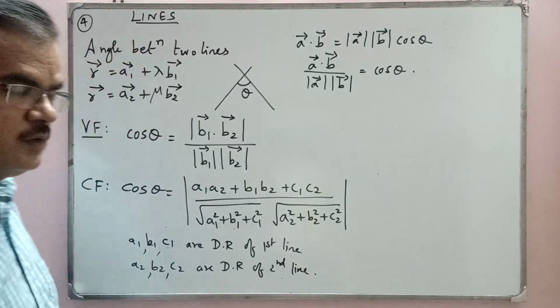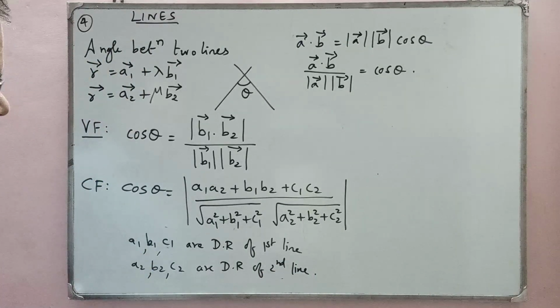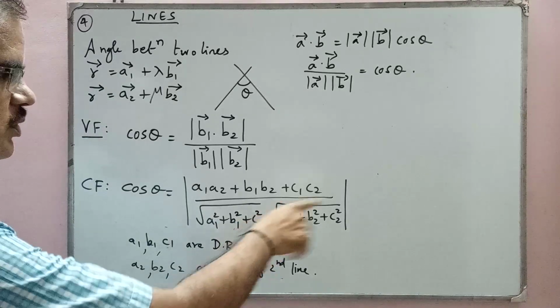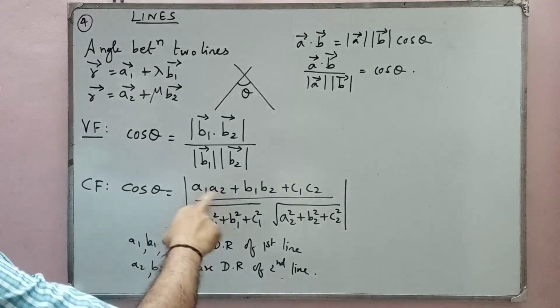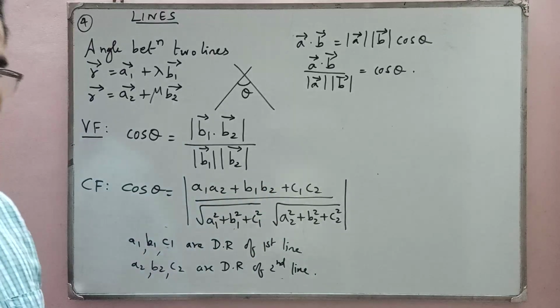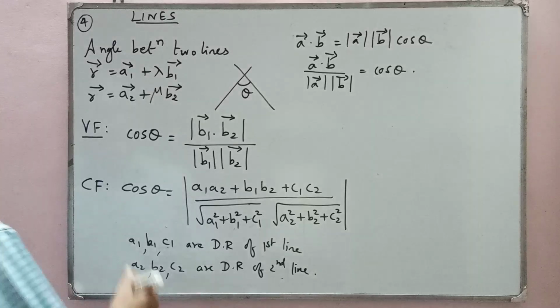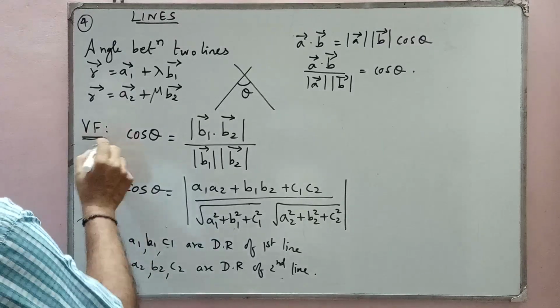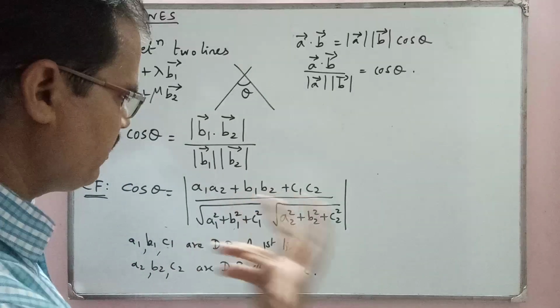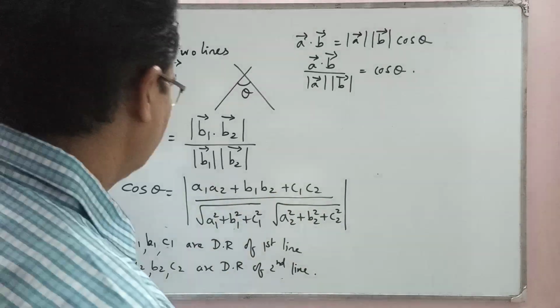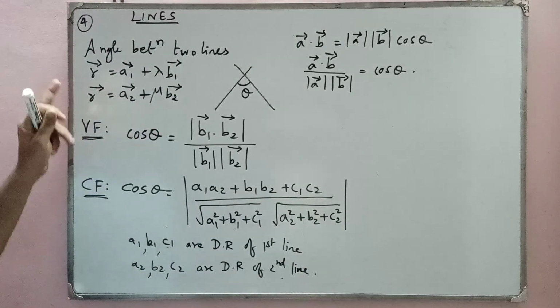Okay, a1 a2 plus b1 b2 plus c1 c2 divided by root of a1 square plus b1 square plus c1 square, root of a2 square plus b2 square plus c2 square. Do you remember this formula? a1 a2 plus b1 b2 plus c1 c2 equals 0. Just recall. Yes, when we teach perpendicular lines, we will learn that. Right, children, noted this.